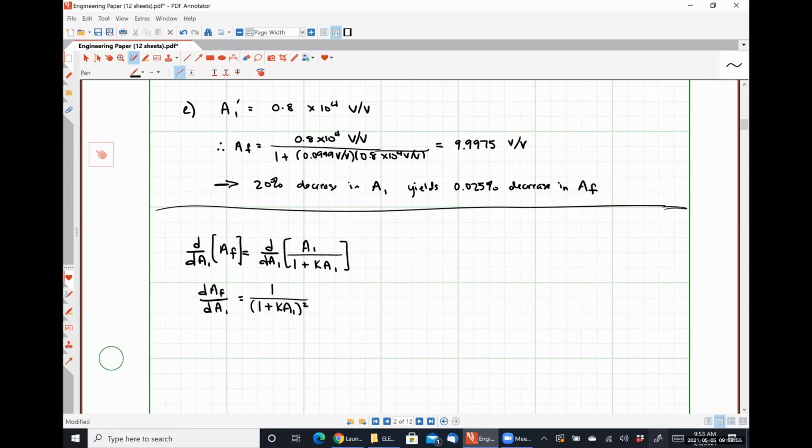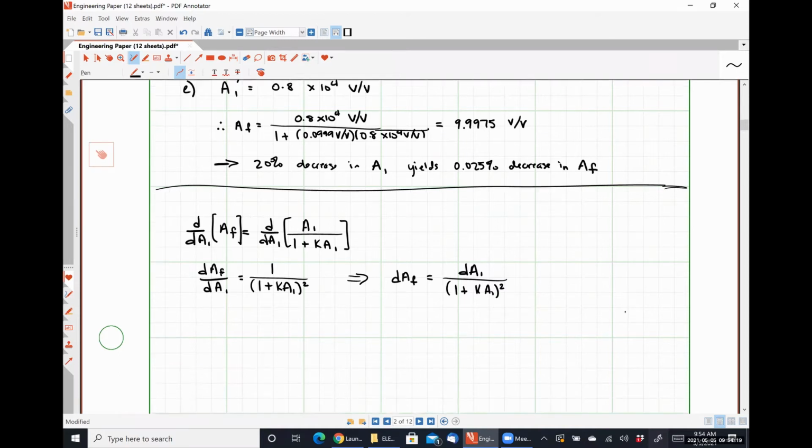If I multiply both sides through by the change in A1, this gives me dAF is equal to dA1 divided by (1 plus KA1) quantity squared.